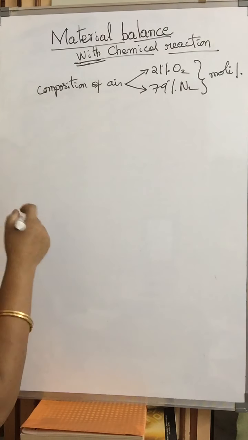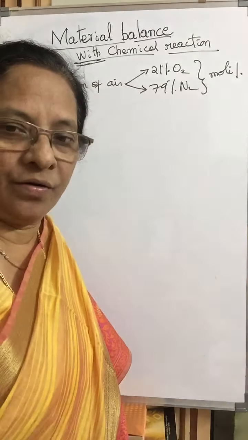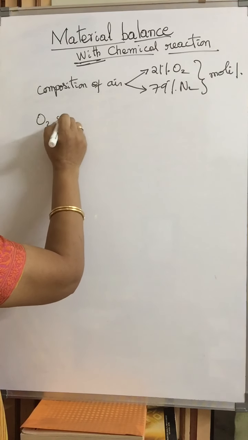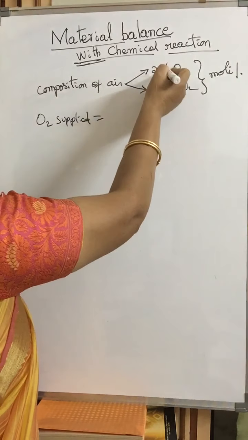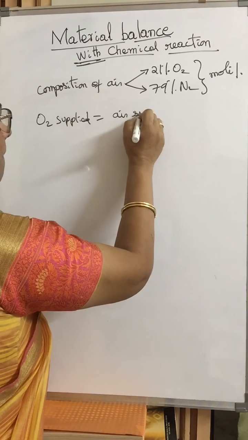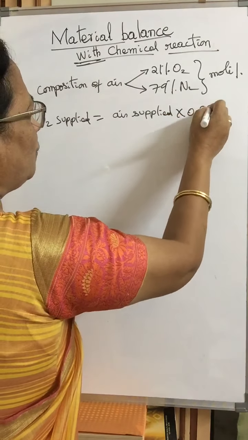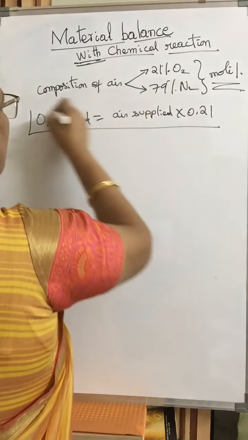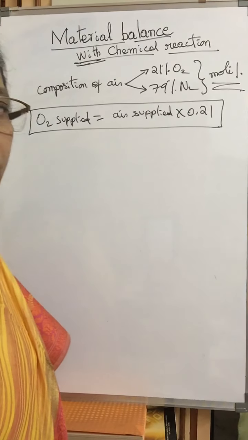We need quantities like how much oxygen is supplied and how much nitrogen is supplied. Oxygen supplied is 21% of air, so oxygen supplied equals air supplied times 0.21. This is all in mole percentages. This is one equation you need to remember.